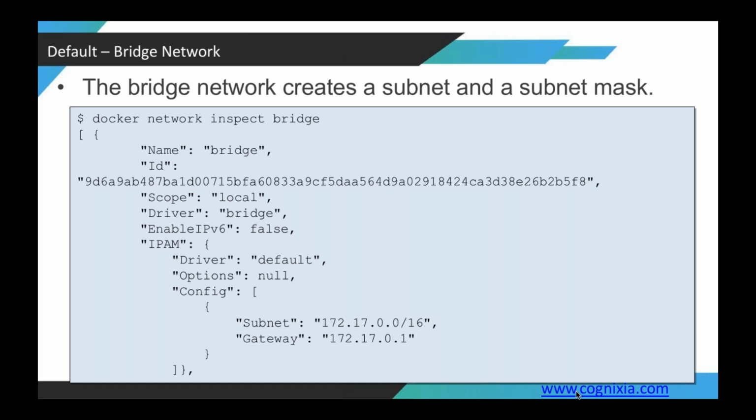How many containers can you create using a /16 subnet? You can create up to about 32,000 containers using this subnet. It's a very big subnet, and the first IP of the subnet is always reserved for the gateway. Here the gateway is 172.17.0.1.